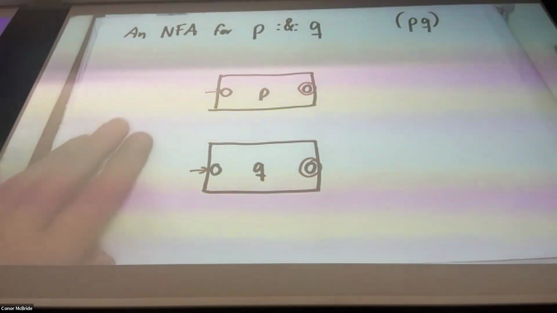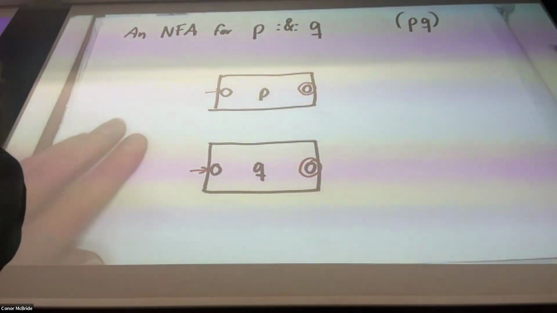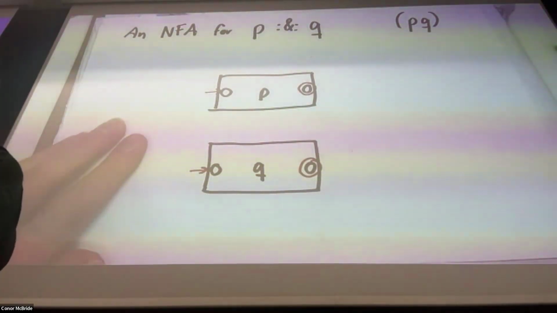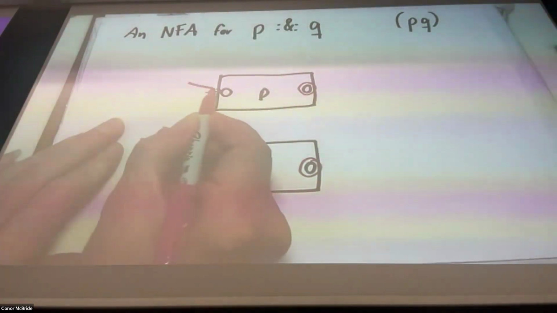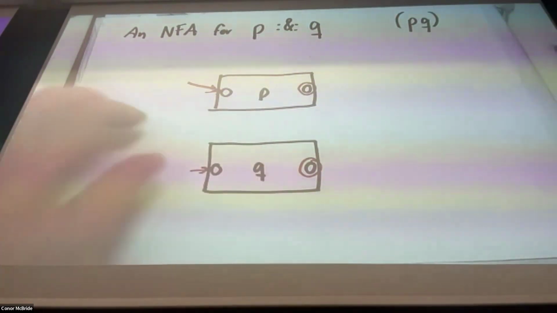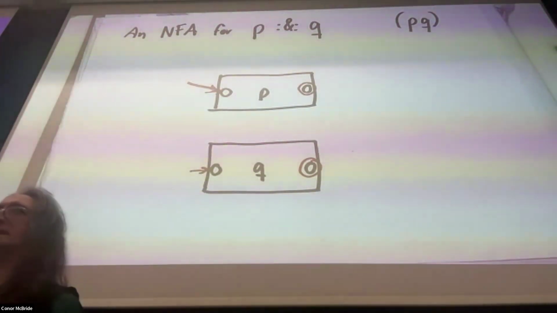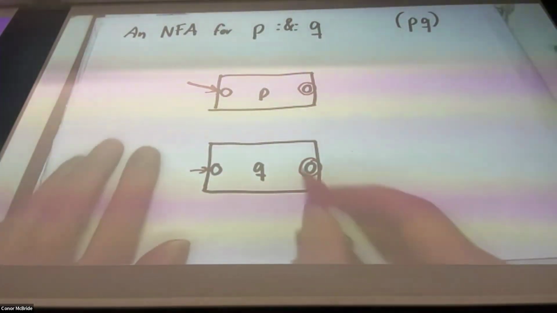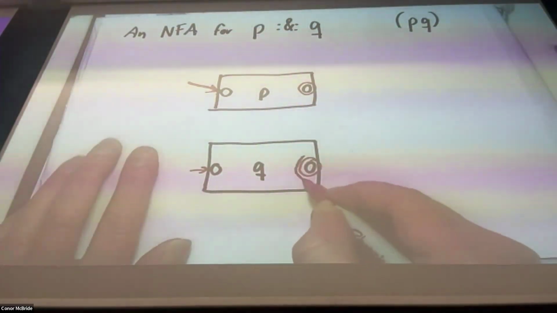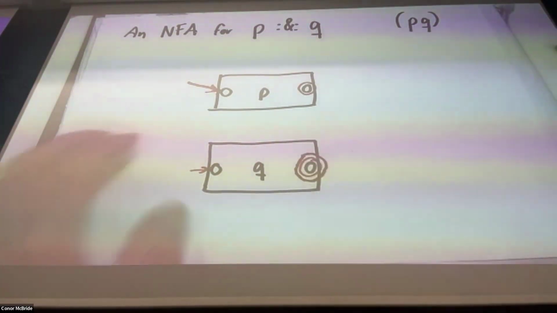I'm going to designate P's starting state to be the starting state. I'm going to designate Q's accepting state to be the accepting state.